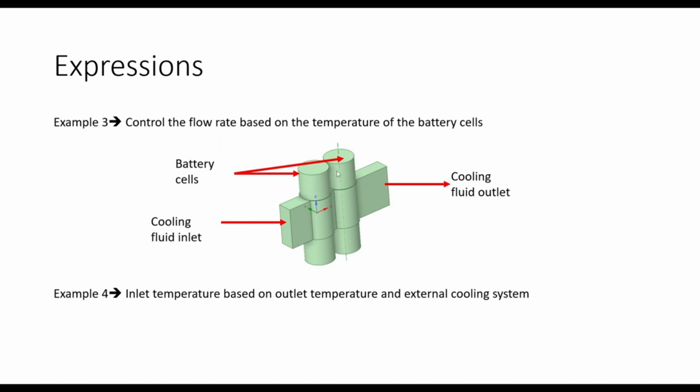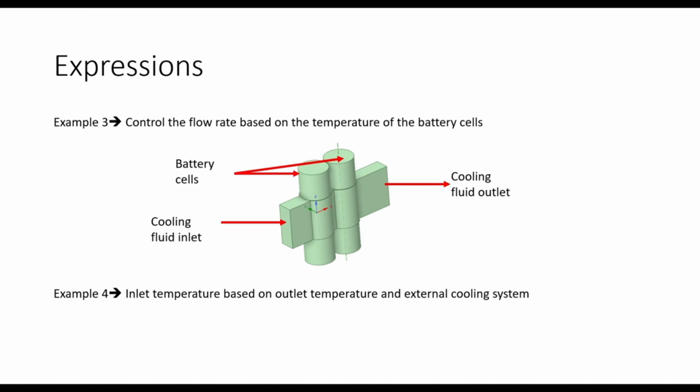They are generating heat and they are being cooled down by using a cooling fluid. Cooling fluid is entering from here and it is leaving from this side. Battery cells are in direct contact with the cooling fluid. Actually, the cooling fluid is a dielectric fluid. It means battery cells can come in direct contact with this cooling fluid.